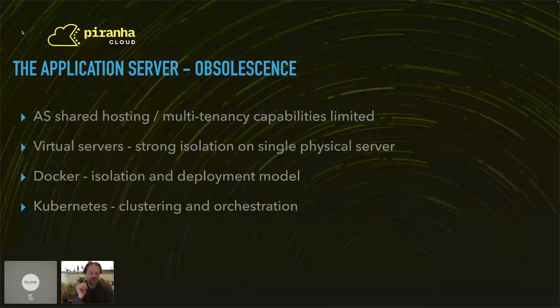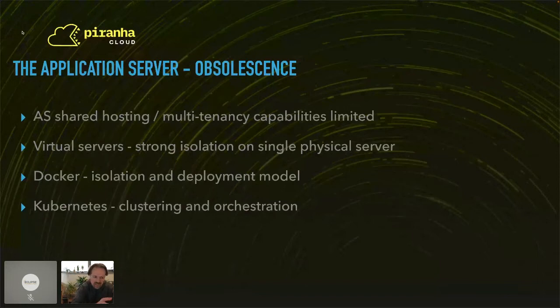At the same time, you see other things coming up, like virtual servers. They provide a very strong isolation on a single physical server, so you could just deploy a single application to a single application server on a single virtual server and have extremely strong isolation between those two. Obviously, it does take a little bit more resources to do that.